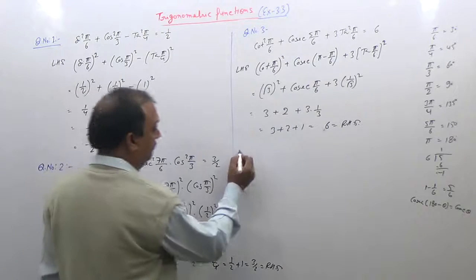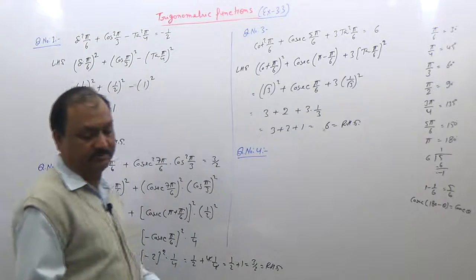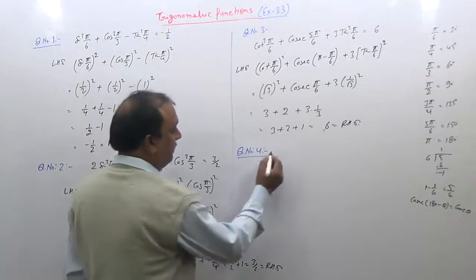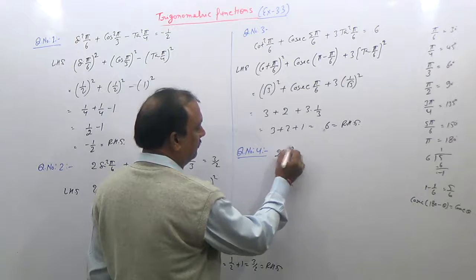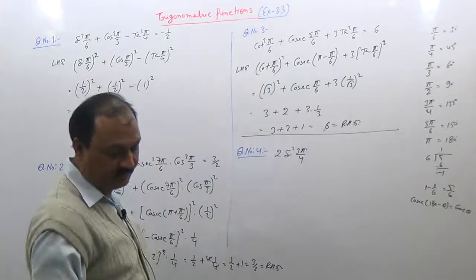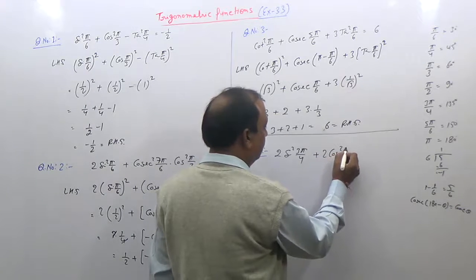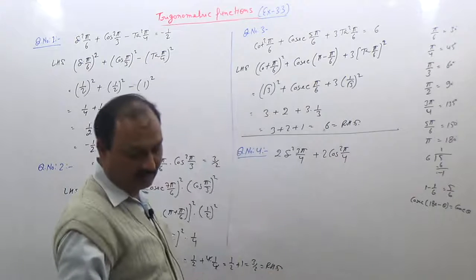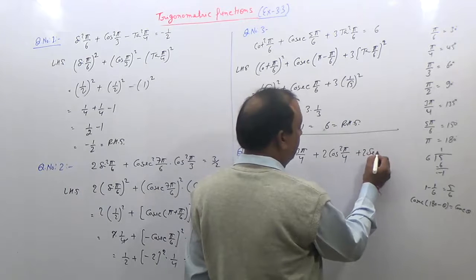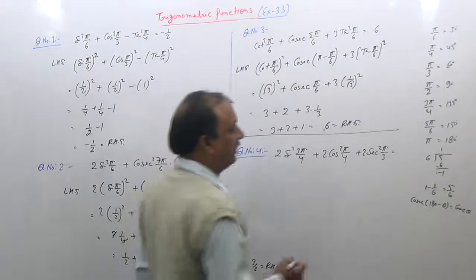Now, next is question number 4. Prove that 2 sine square 3 pi by 4 plus 2 cos square pi by 4 plus 2 sec square pi by 3 is equal to 10.